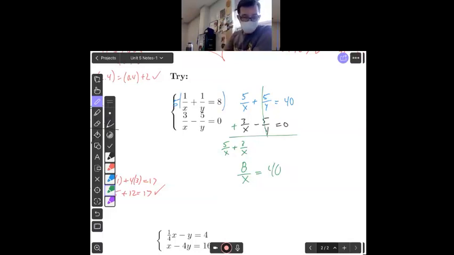Multiply by 8. So if we multiply by 8, we would get 64 over x equals 320. That didn't help. Multiplying by 8 is not going to help us.